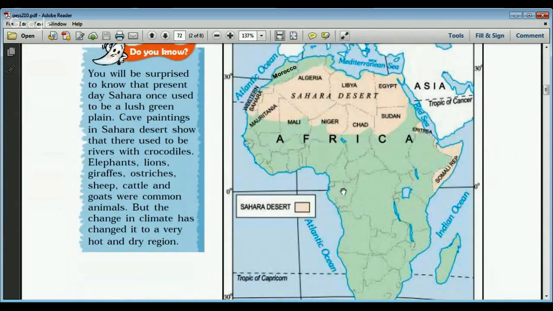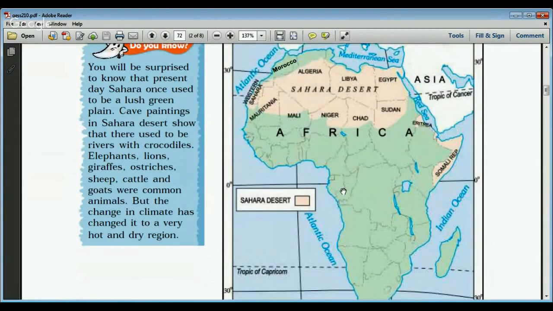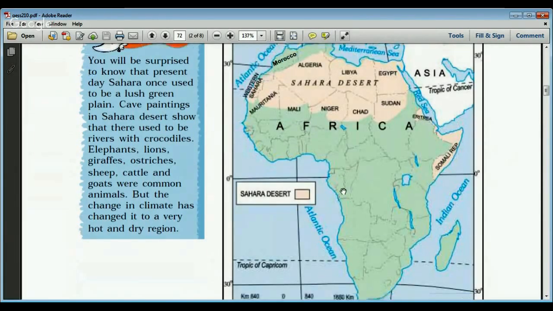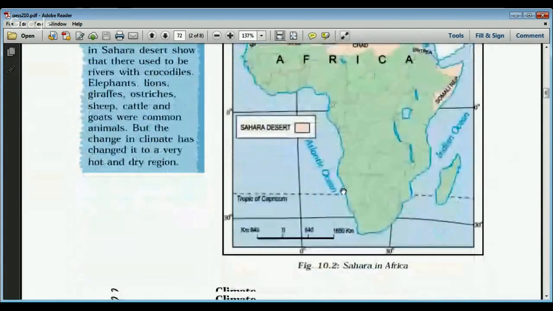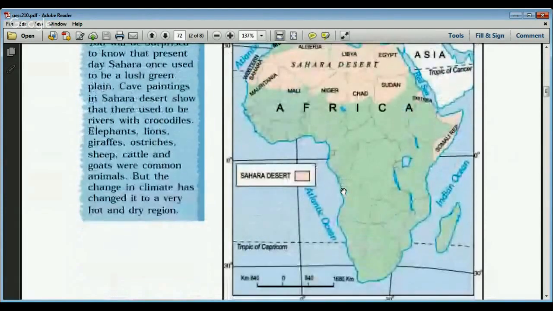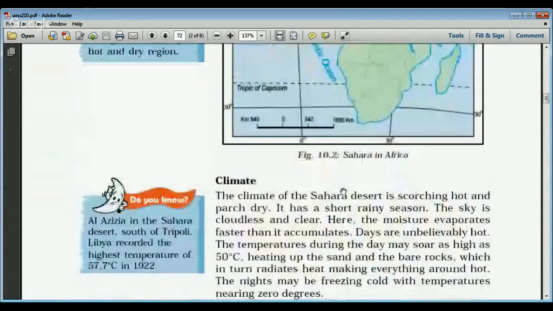You will be surprised to know that the present day Sahara, which is a very hot and dry desert, used to be a lush green plain, because some of the paintings found in the Sahara Desert show that there used to be rivers with crocodiles, elephants, lions, giraffes, ostriches, sheep, cattle, and goats. But because of climate change, it is now a very hot and dry region.